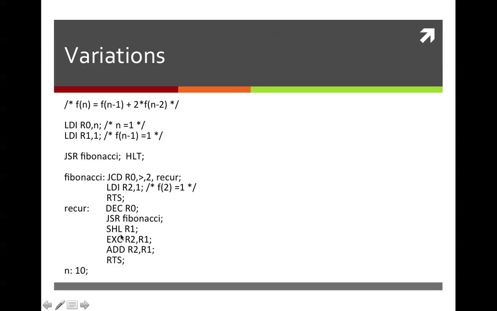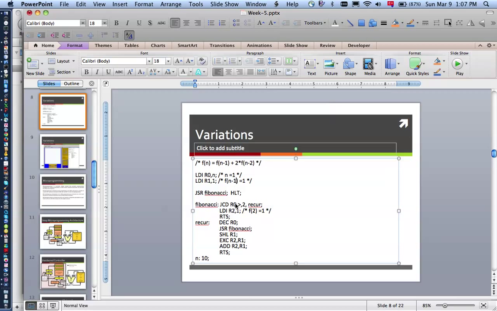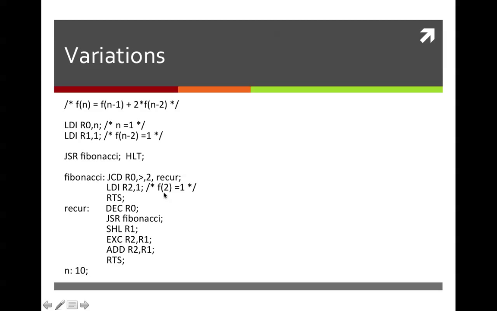On coming back, first we shift R1 left just to multiply it by 2. Remember, our association was that R1 is really f of n minus 2 here. So let me just make a small change. And with that association, that's what we're doing here.